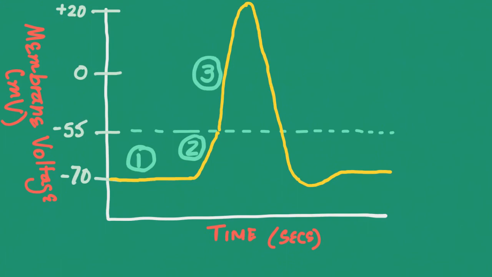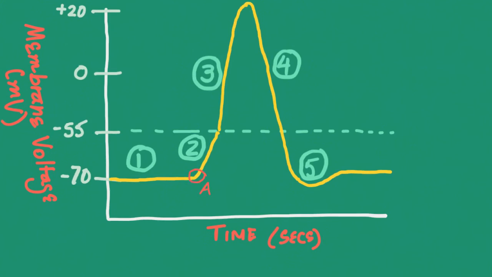When plus 20 millivolts is reached, it triggers the repolarization phase of the action potential, which is stage 4. The repolarization goes all the way down and below the resting membrane potential, and we call it the hyperpolarization, which is stage 5. This stage is very temporary when the resting membrane potential is quickly restored.